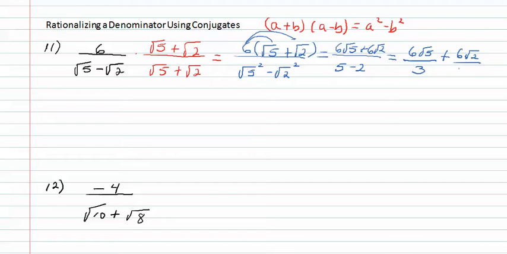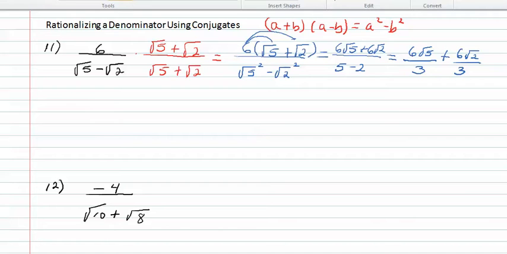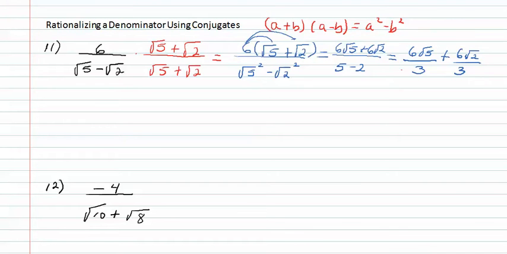And I'm also going to put that over 3 because I put it under 2 separate problems, I want you to see that you can cross cancel. 3 will go into 3 once, 3 will go into 6 twice, 3 will go into 3 once, 3 will go into 6 twice. And at the top I have 2 radical 5 plus 2 radical 2.